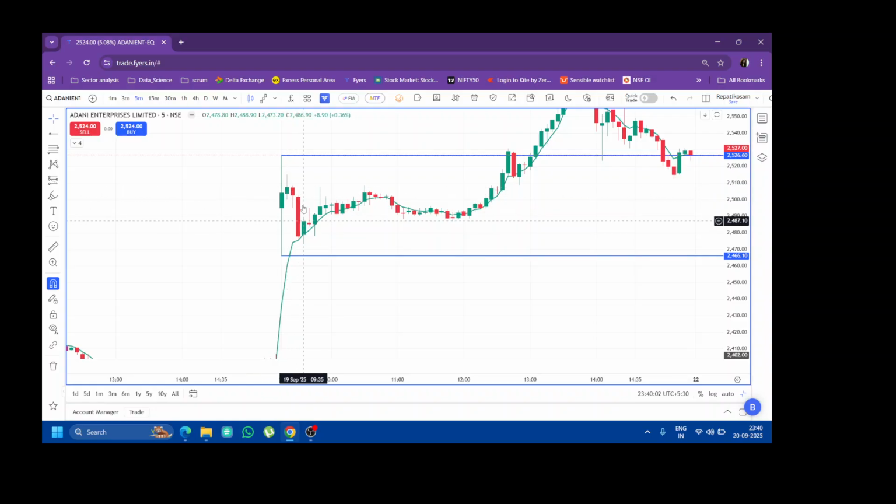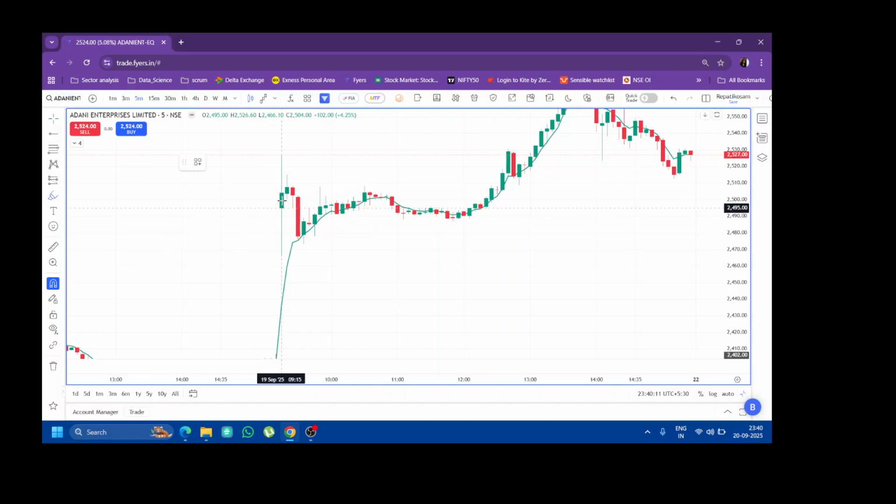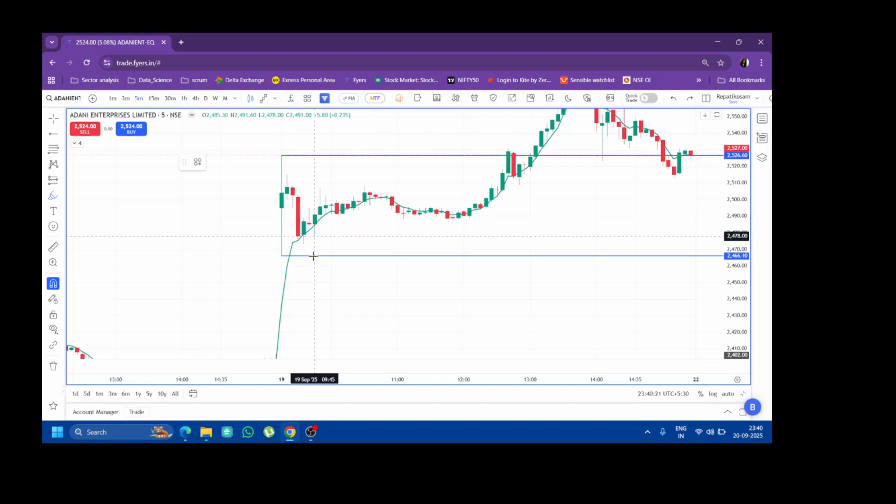After that, all the candles were inside candles. Now, to take a trade, we should see, if I wanted the buy side, correct? If I wanted the buy side on this line, I should take the trade above this, which is not happening, or I should take the sell side if it is going below this in my 5 minutes candle.